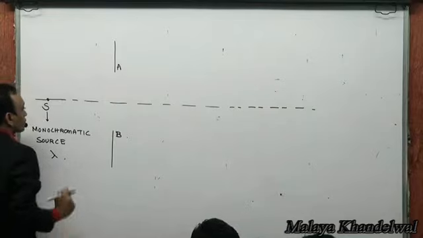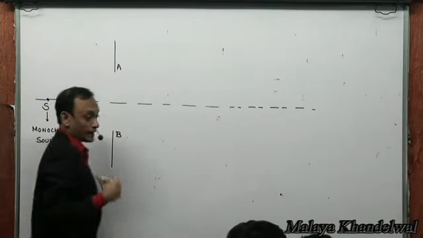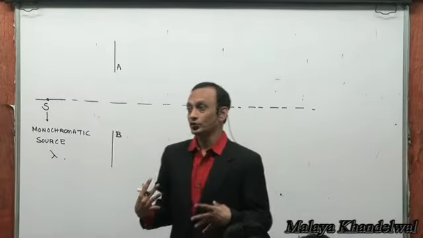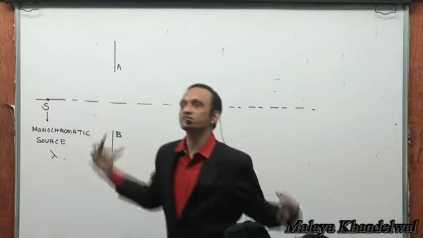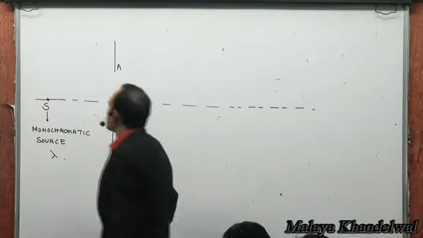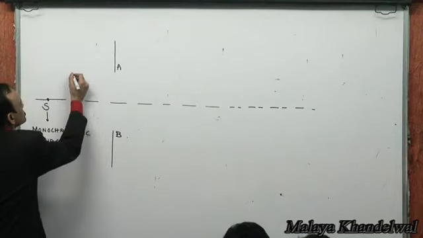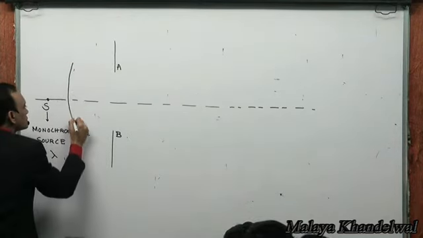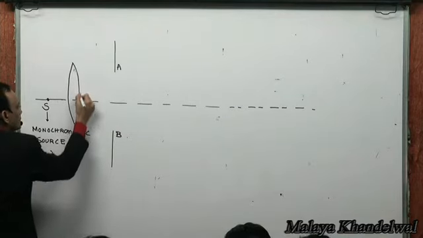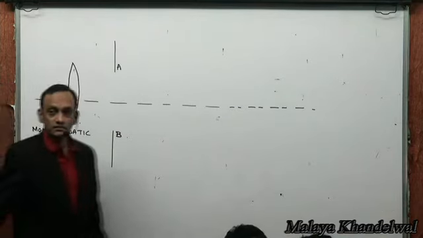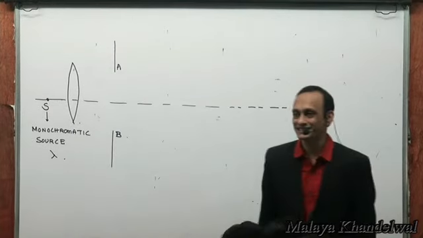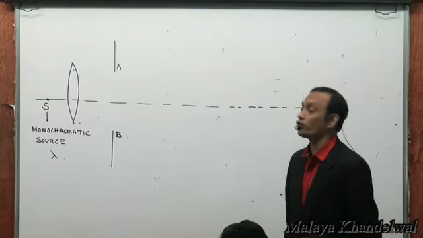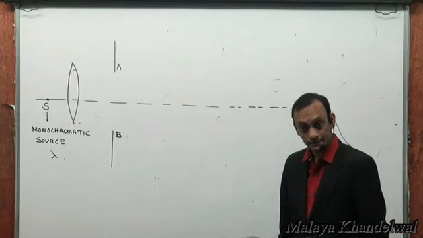Now, what I want to do is, I essentially want this source to behave like a source at infinity. I place a lens here whose focus is S. All right.